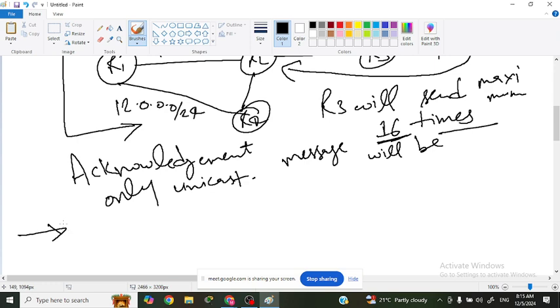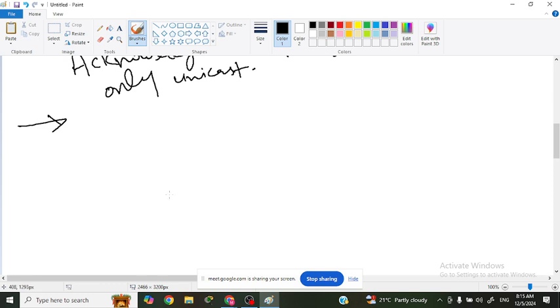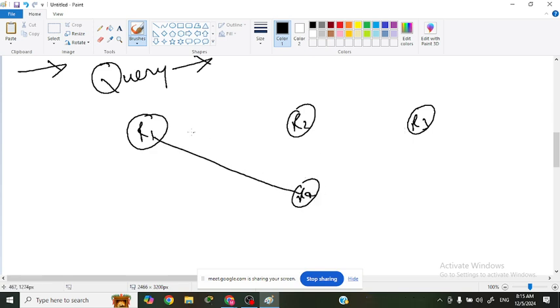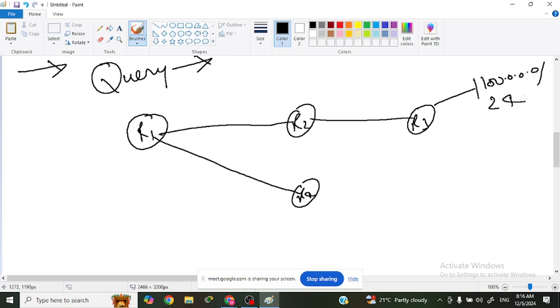So the next message will be the query. Let's suppose R1, R2, R3, R4, and here another 100.0.0.0/24 network.